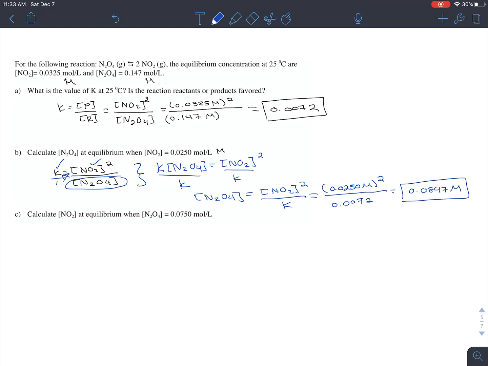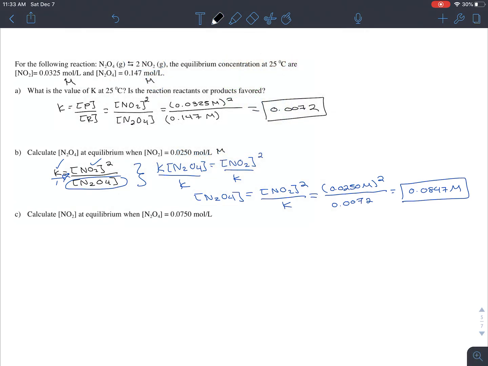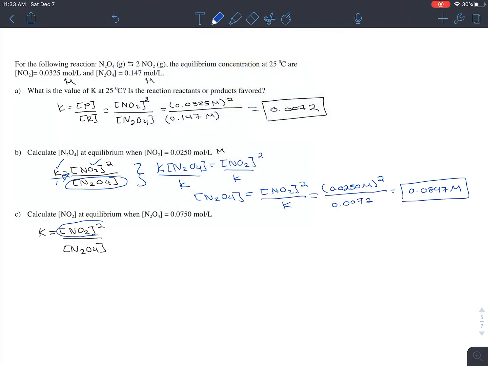Now it says calculate nitrogen dioxide at equilibrium when dinitrogen tetroxide is 0.075 mole over liter. So I always go back to my K expression to kind of help me visualize what's happening. Products over reactants. And this time, I'm solving for nitrogen dioxide. So I'm going to do this a little bit different just to show you different methods.